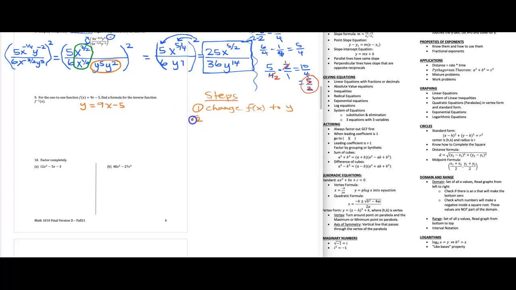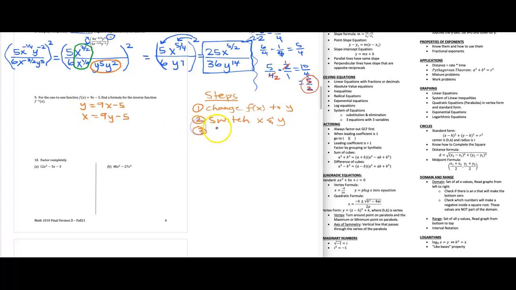Then, because finding the inverse is really about switching the x's and y's, that's what you literally do here: where the y is, you put an x, and where the x is, you put a y. So I'm going to change this to x equals 9y minus 5.